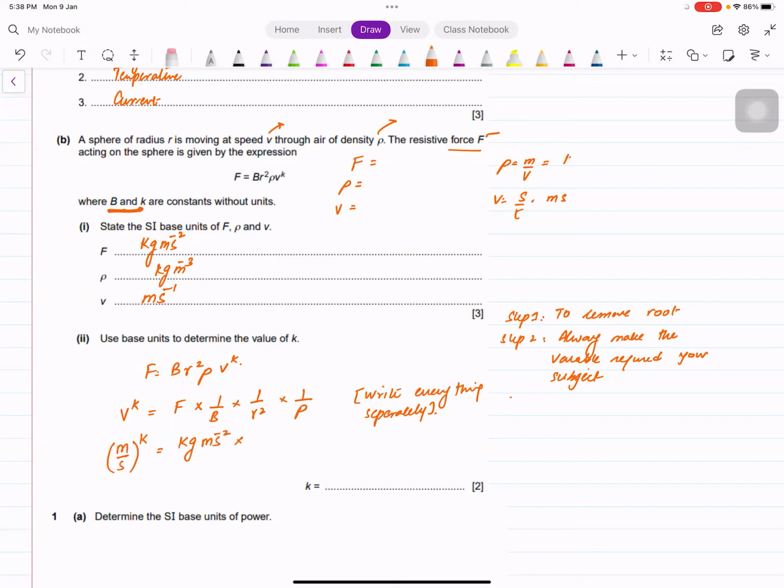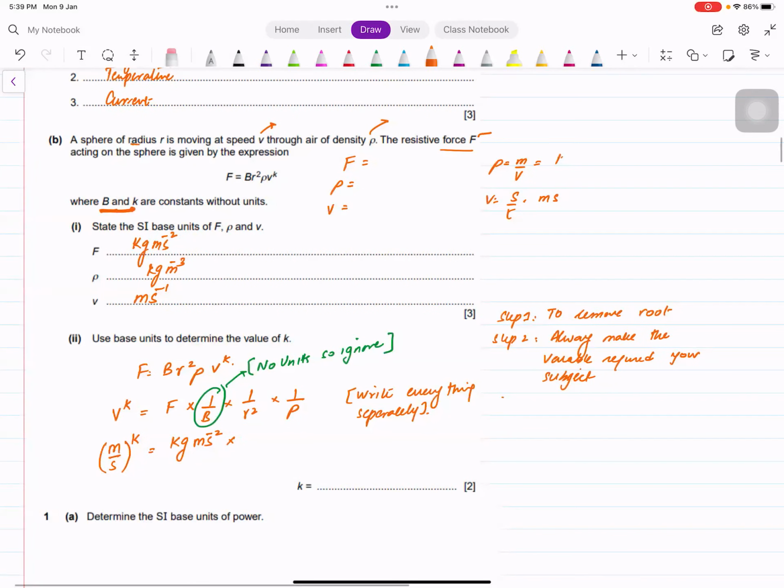Because B has no units, we're going to ignore this. Writing no units. So ignore. All right. So please also write it in your PDF as well, so when you're revising everything, you can see what I've done here. Then R is in meters because I believe R was the radius. So 1 upon meter square, and density is 1 upon kg meter minus 3.